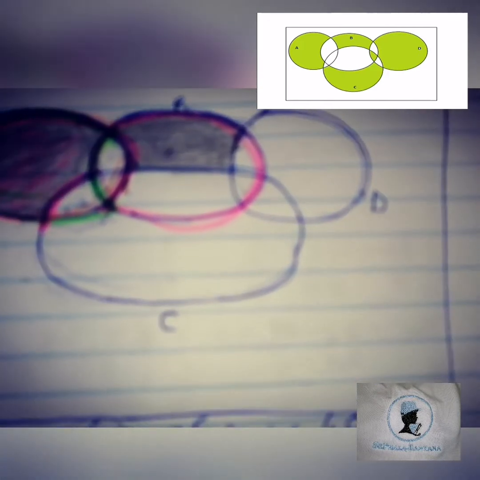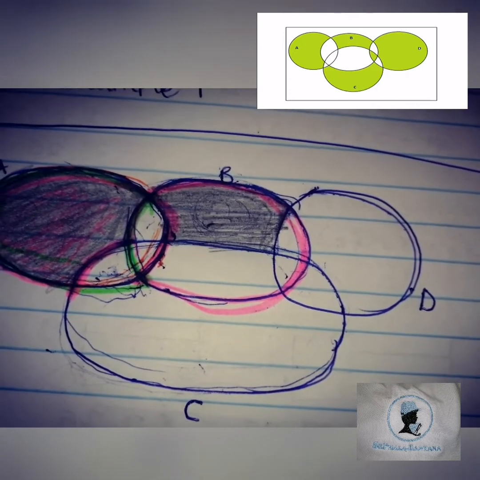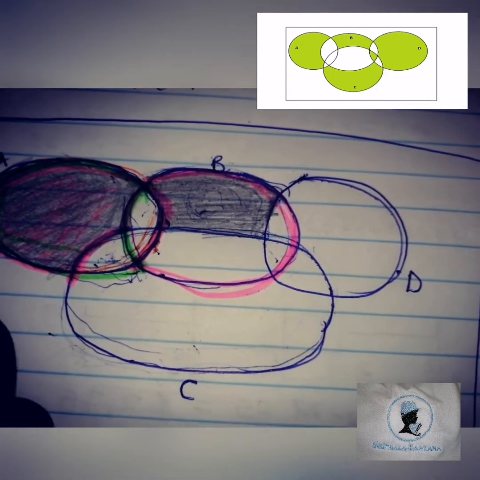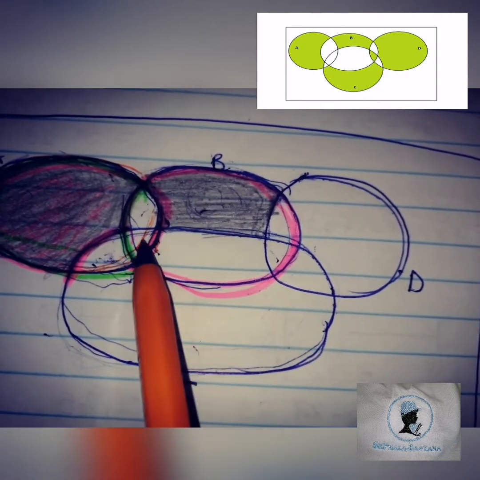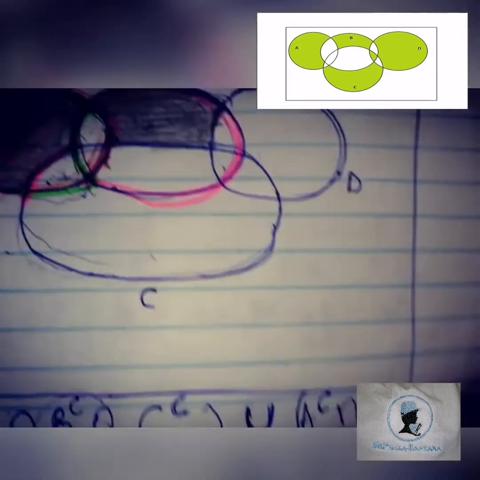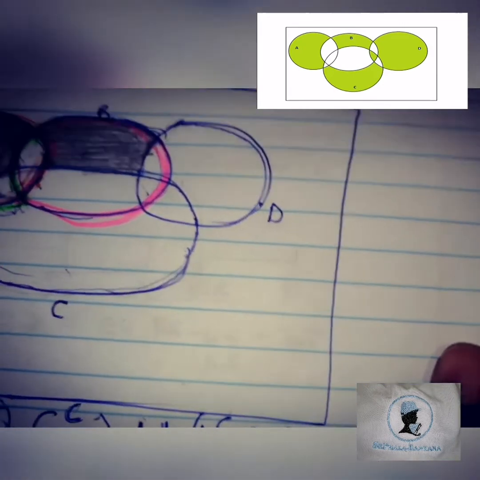So we can see that we haven't described the given set. So we need to also remove this part, né? We are going to say intersect C complement.